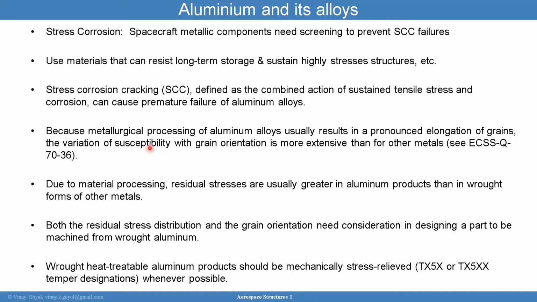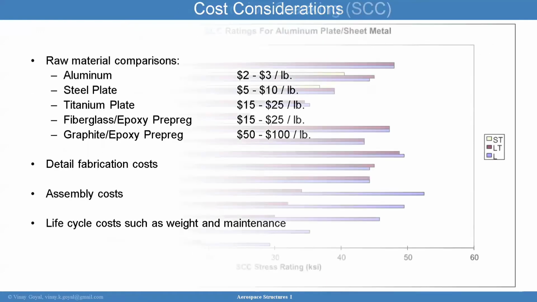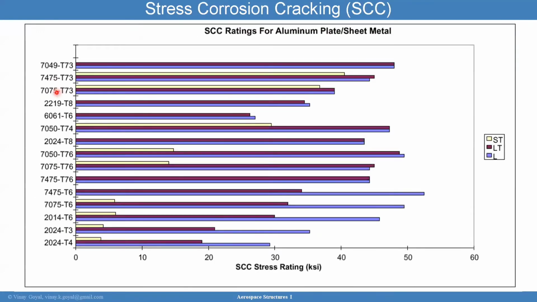Because metallurgic processing of aluminum alloy usually results in a pronounced elongation of grains, you really want to look at the susceptibility of grain orientation on stress corrosion cracking. And I covered that a little bit earlier in this picture. Just to remind you, we look at different aluminum alloys and the impacts of the grain orientation on the stress corrosion rating.